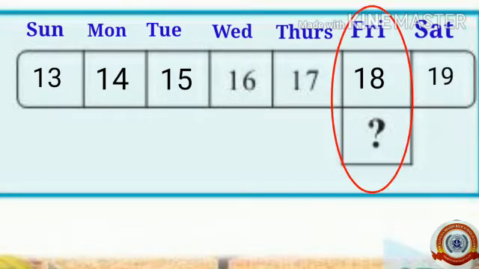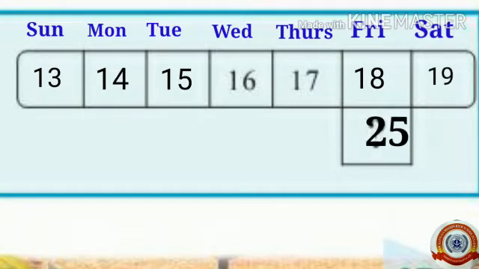These 2 days are Friday. The first date that comes on Friday is 18th. To find the next date that comes on the same day, we have to add 7 to the given date. That is 18 plus 7 equals 25. So, the date in the square mark with the question mark is 25.